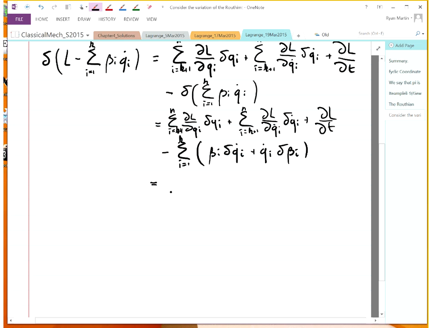Okay? So if I write this out, the first three terms are the same again. i equals k plus 1 to n, dL by dqi delta qi, plus the sum from i equals k plus 1 to n of dL by dqi dot delta qi dot, plus dL by dt.